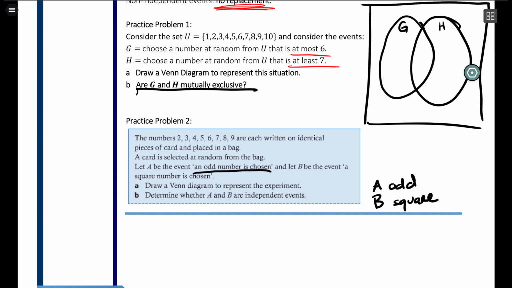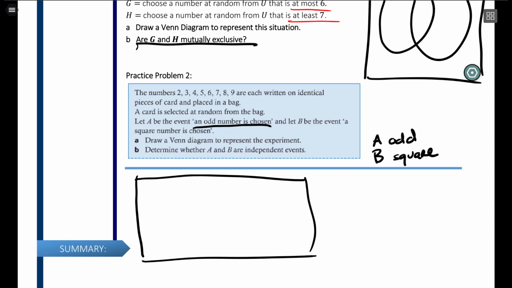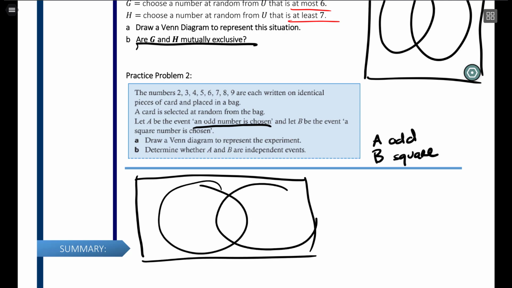Okay, so let's again draw a Venn diagram to represent this situation. This time we'll actually fill in all the blanks. Here in the event A circle, we have the odd numbers, and I'm going to place them, but I might erase something here in a moment.